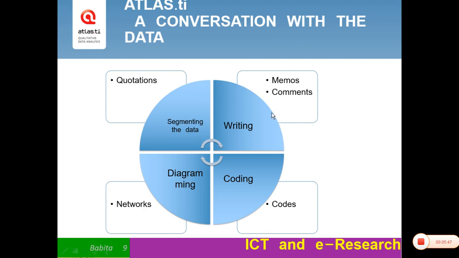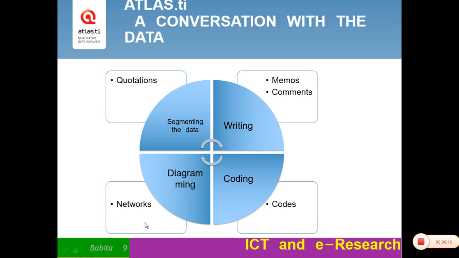Memos can be linked with documents and quotes, and especially comments, they are always attached to an entity and they do not stand alone. Similarly, quotes are used for coding, and quotes are used to summarize or interpret the coded contents.